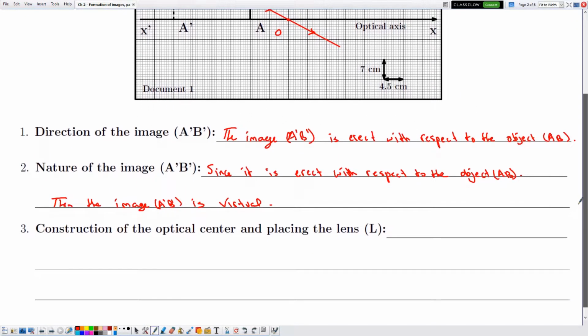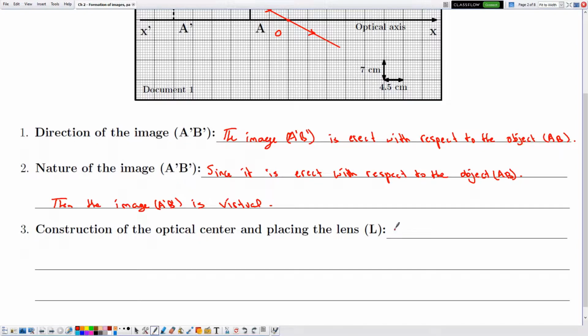So let's do the justification. Join B and B prime. The intersection of BB prime with the optical axis is the optical center.